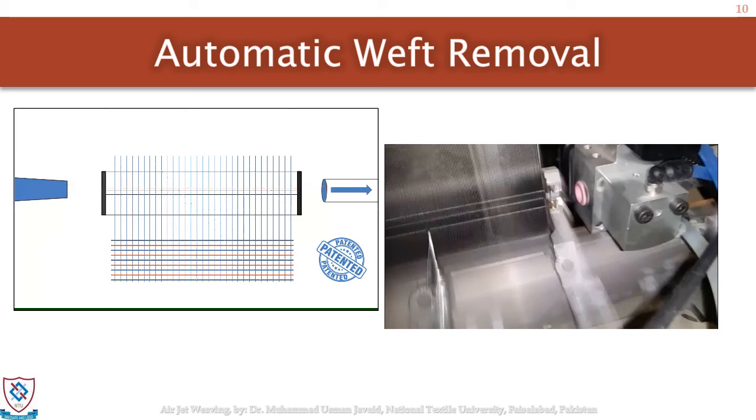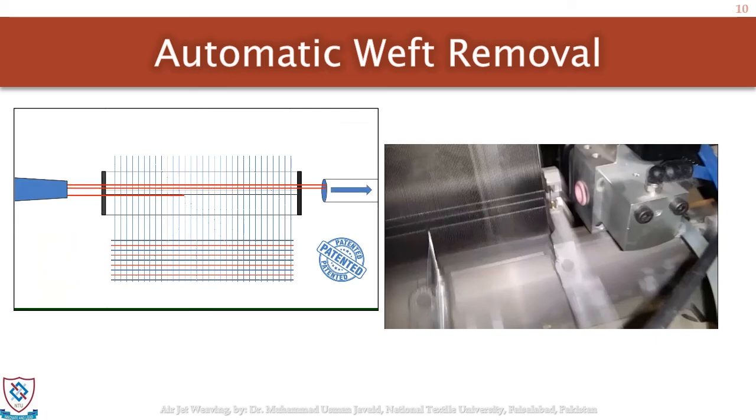It stops the machine and keeps extracting the weft on the receiving side by using air pressure and a special type of nozzle. Once the yarn is sufficiently away for the full width, it cuts on one side, and that is how the broken part of the weft is removed from the shed.